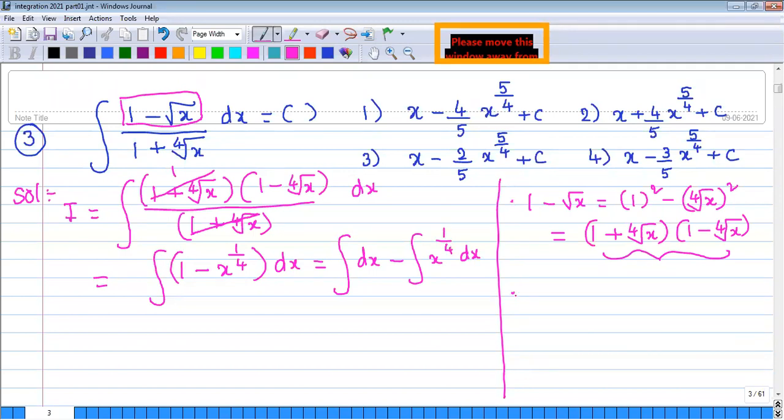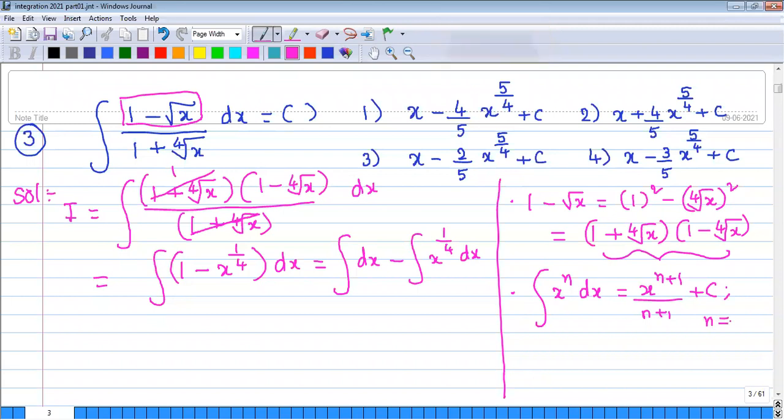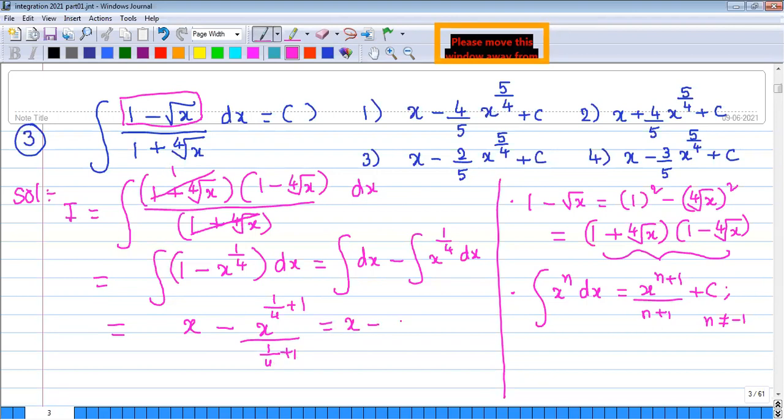See, we have the formula integral x to the power of n dx, that is x to the power of n plus 1 by n plus 1 plus constant of integration, when n does not equal to minus 1. So this can be written: integral of dx is x, minus x to the power of 1 by 4 plus 1 upon 1 by 4 plus 1. x minus x to the power of 5 by 4 upon 5 by 4.